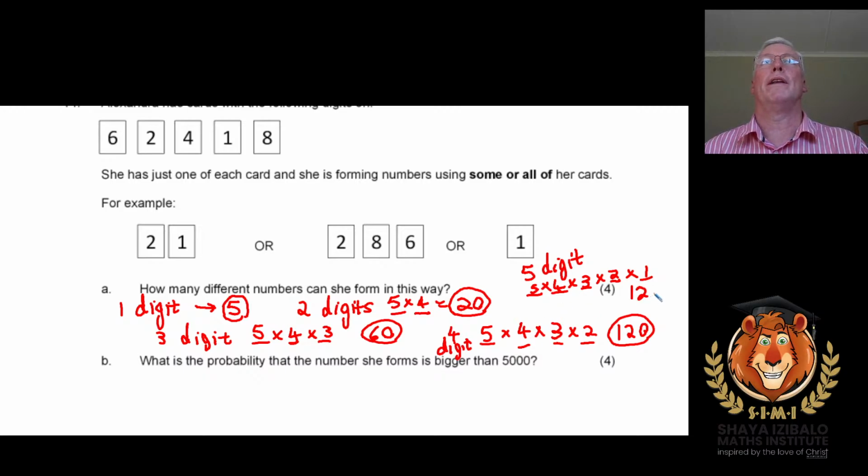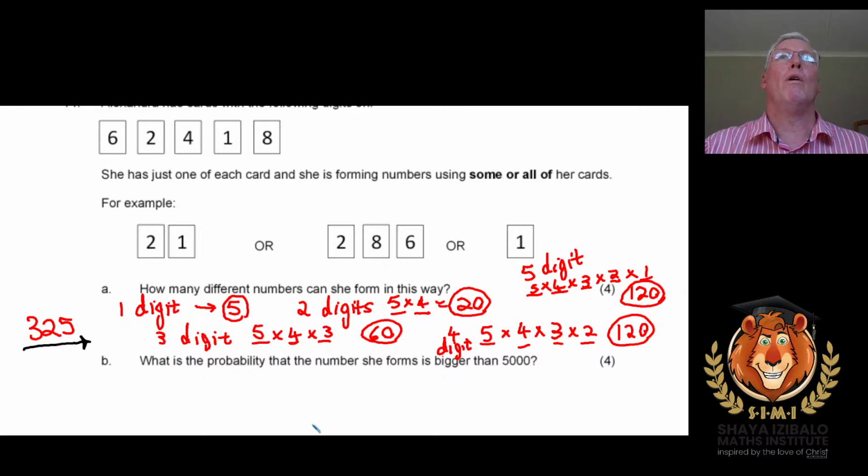This is also 120. So we add all of those up: 240, 325. Final answer, 325. Please, in an exam, set your work out better than I'm setting it out right here. I just didn't leave myself enough space for this question.